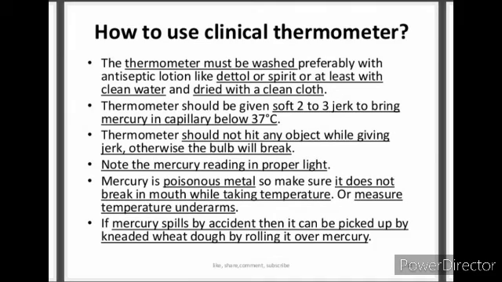If mercury spills by accident, it can be picked up by kneaded wheat dough by rolling it over the mercury. It can be taken out like this. Otherwise, we know that mercury is very poisonous.